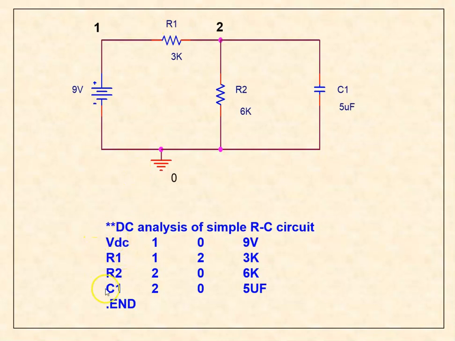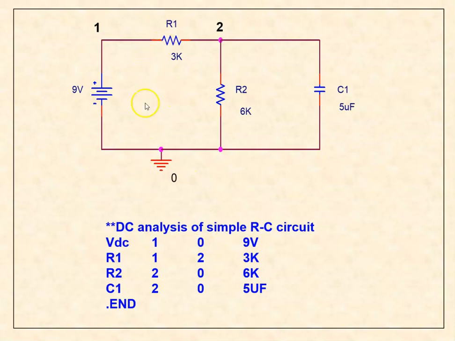The first column denotes the name of the component. Second is the first node. Third is the second node. The fourth column denotes the value of that particular parameter.